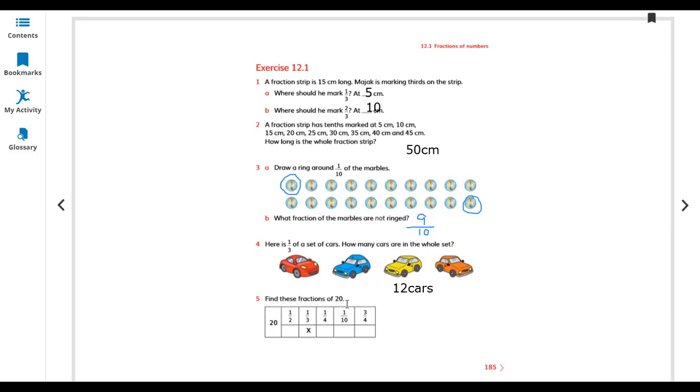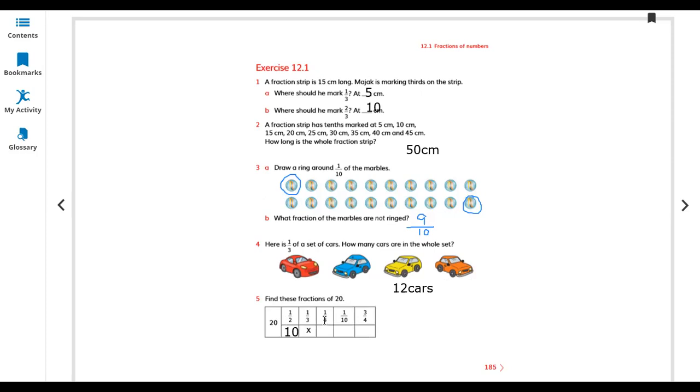Find these fractions of 20. Very easy. 1 by 2, 1 by 3, not possible. 1 by 4, 1 by 10, 3 by 4. So 1 by 2. Just this 20, put it here and divide with 2. If we divide 20 with 2, it's coming 10.